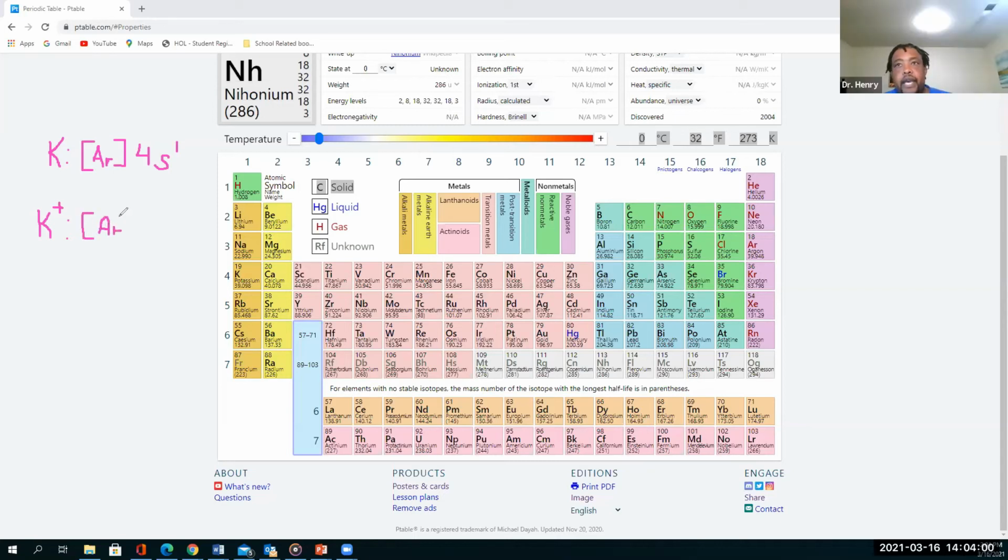And then its electron configuration will be exactly like argon. So if you lose an electron, this guy's called an ion. And specifically, it's called a cation, which is a positive ion.